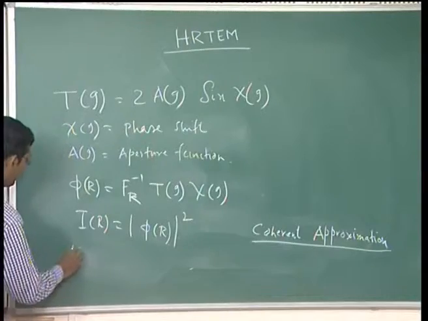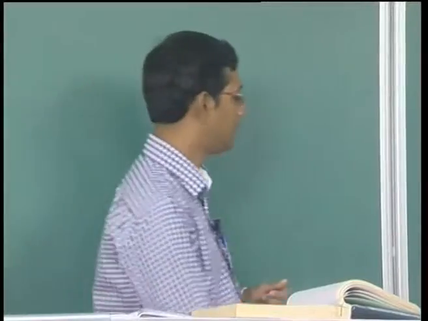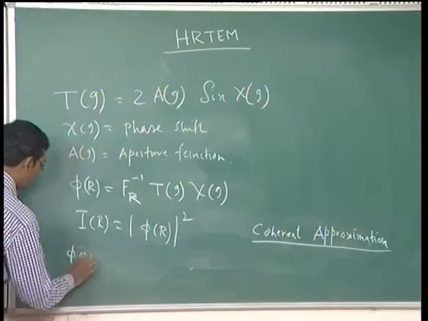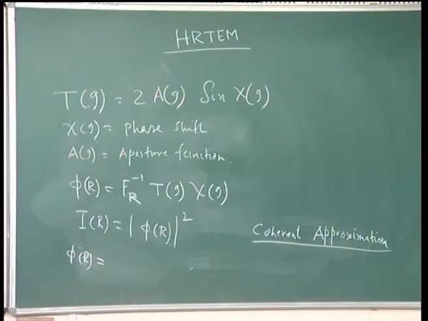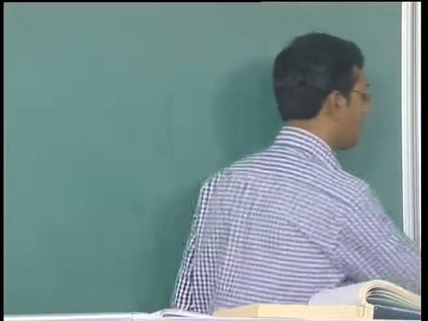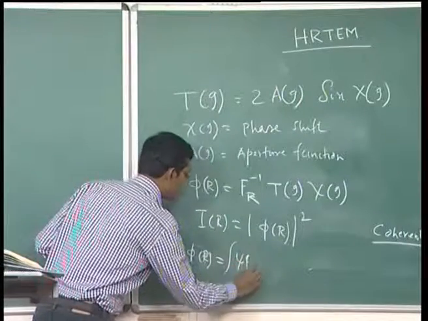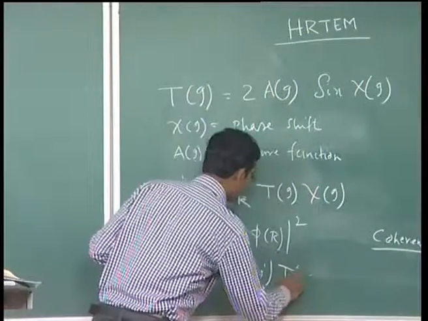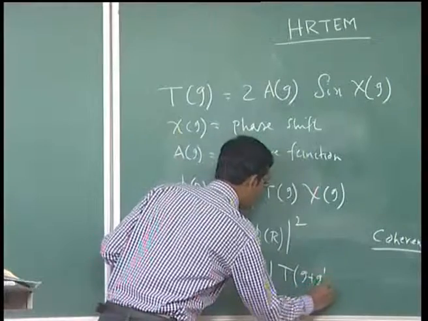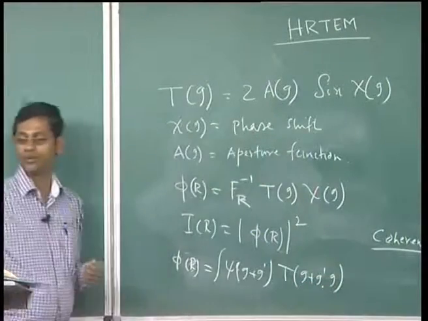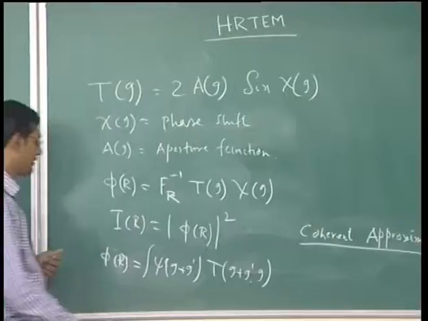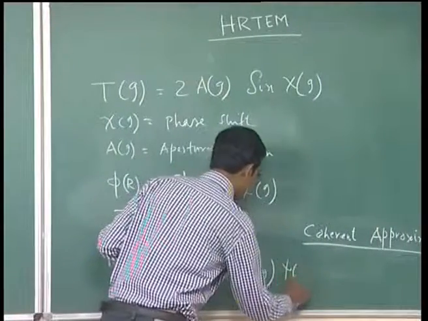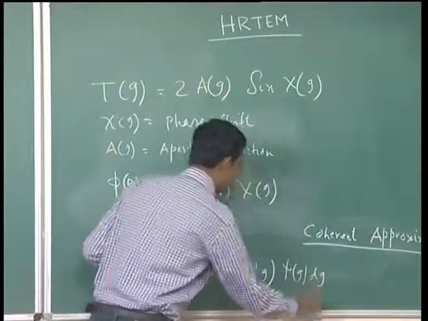So, ψ(r) can be written as an integration over g plus g prime, multiplied by the transfer function at g plus g prime and g, into the phase term.